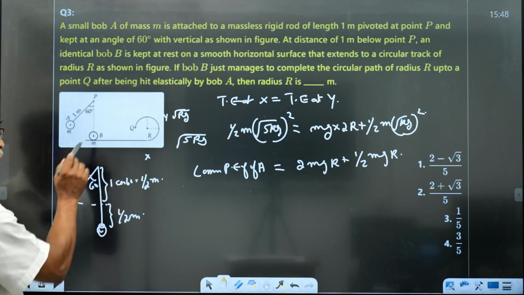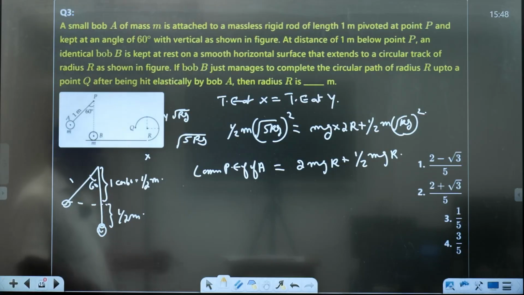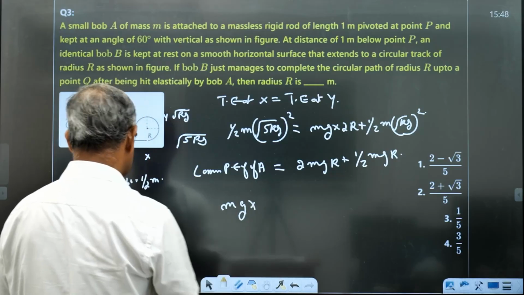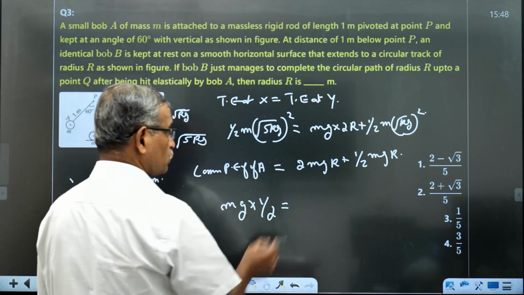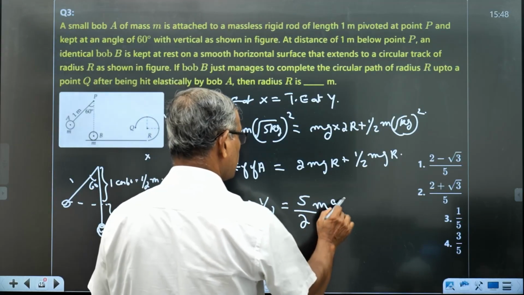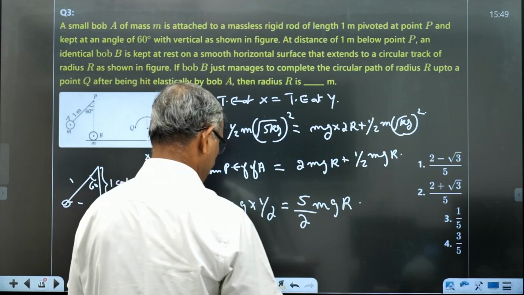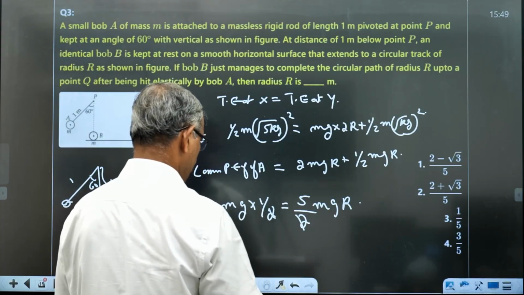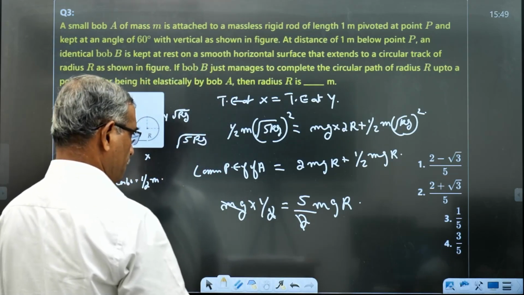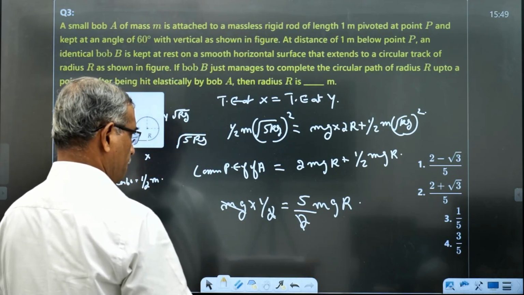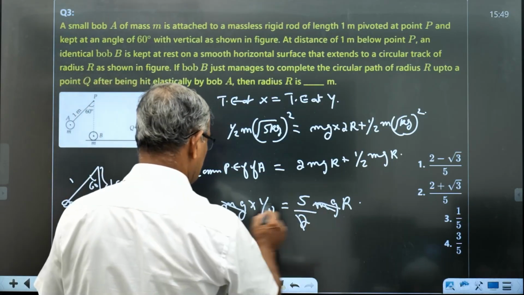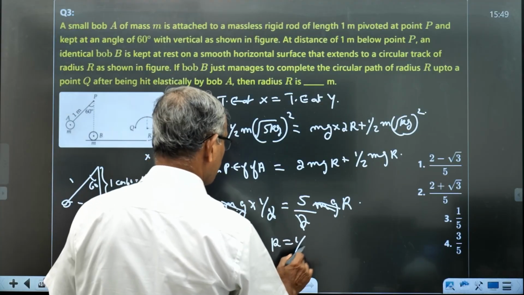Loss in potential energy of A, which is the gain in kinetic energy of B, equal to mg h, is equal to mg into h, is equal to half, is equal to 5 by 2 mg. From this mg will cancel out, r is equal to 1 by 4.